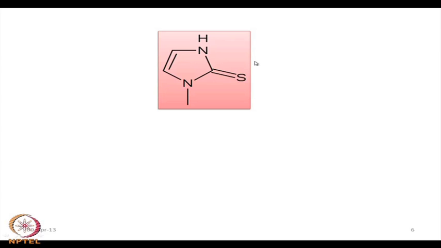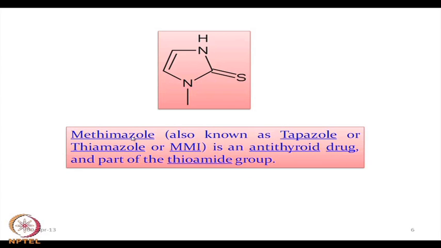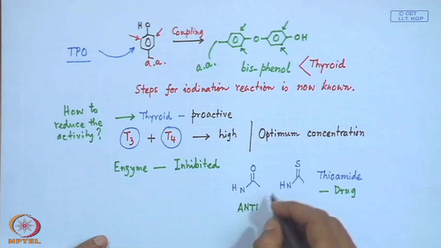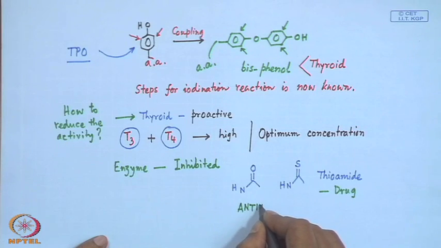So, thyroperoxidase activity can be inhibited by this sort of small molecule, which is known as the MMI type, where the basic backbone should always have the thioamide group. So, these thioamide drugs are therefore a very important type of drug molecule, which is known as anti-thyroid drug.